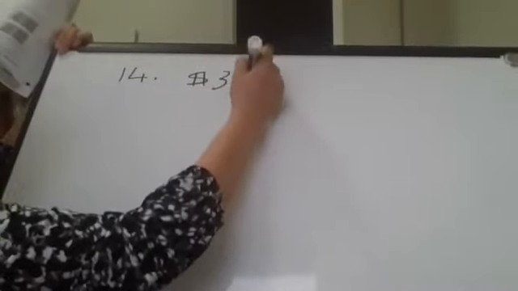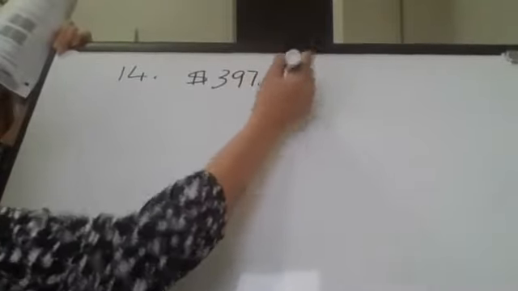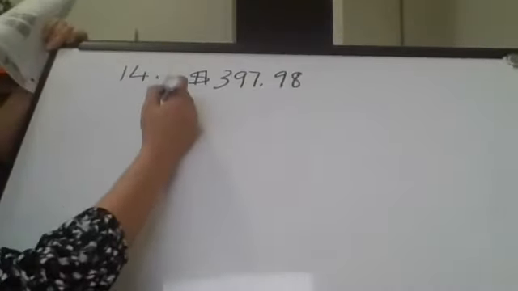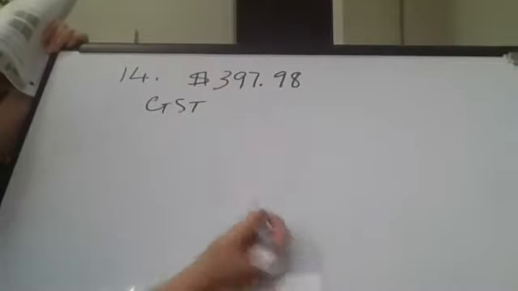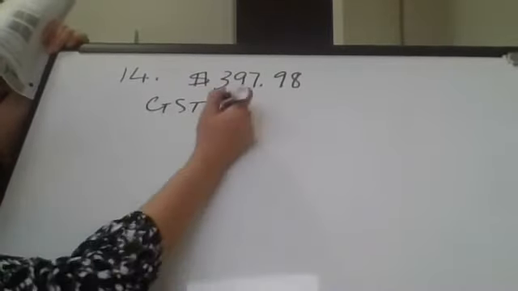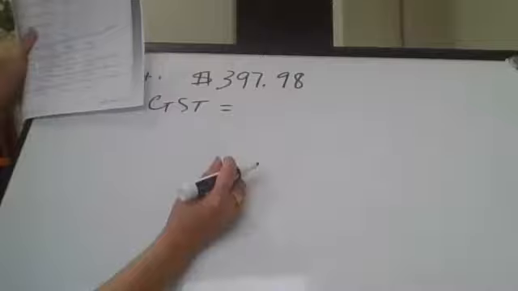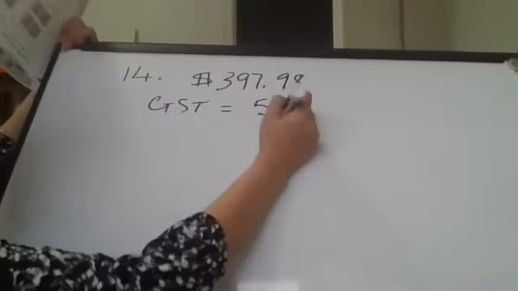So an item costs $397.98, and the GST, which means government sales tax, equals 5%.